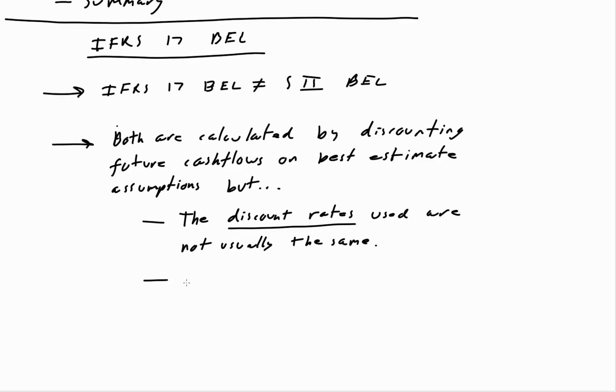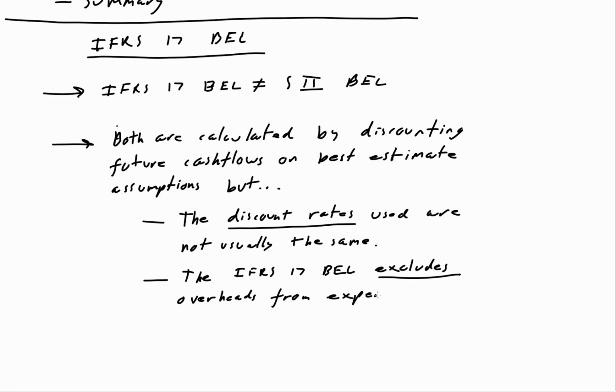There are other differences as well. The IFRS 17 BEL excludes overheads from expenses.